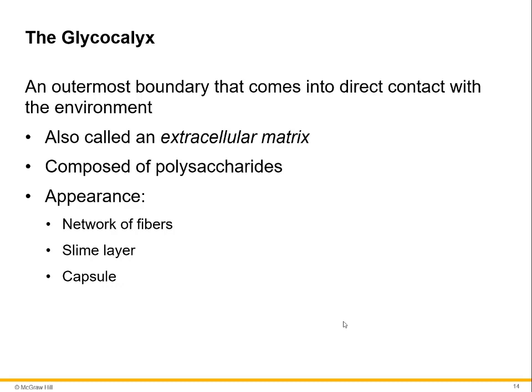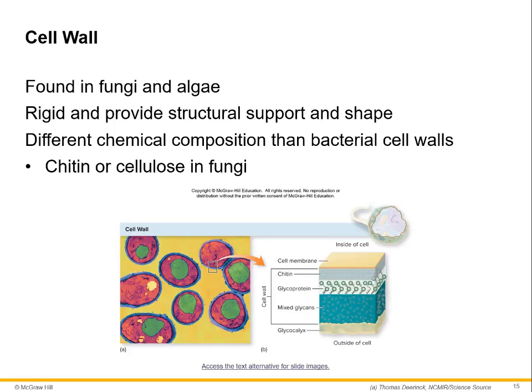In bacteria, it's much more defined. It is not as defined in eukaryotic cells. They do sometimes have a capsule. It's more like a loose network of fibers, a slime layer, but it's more common in bacteria to have a capsule. A cell wall, in bacteria, they do have one.